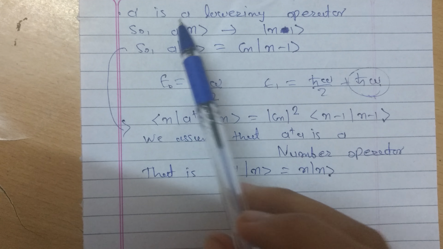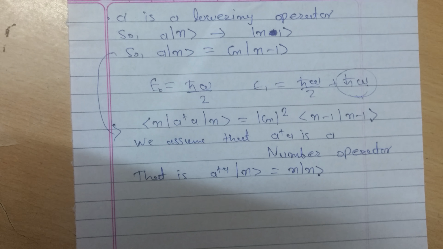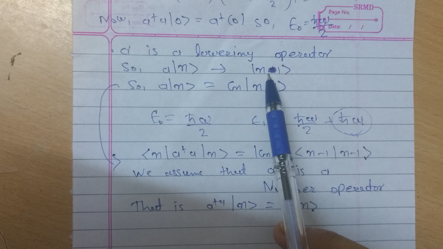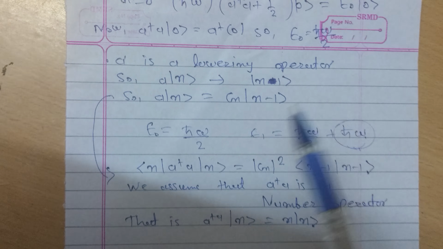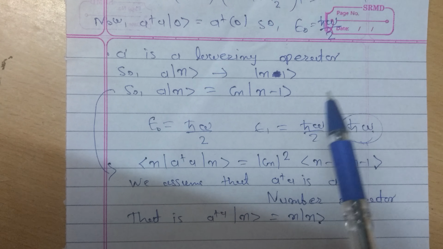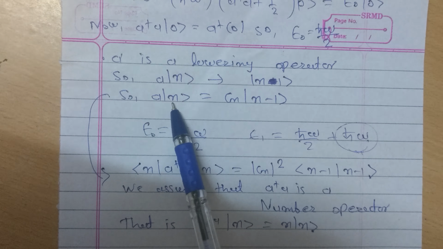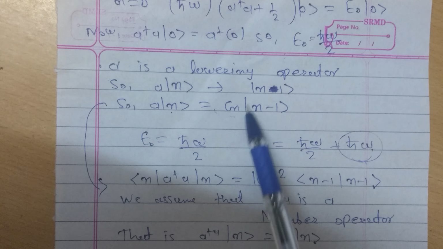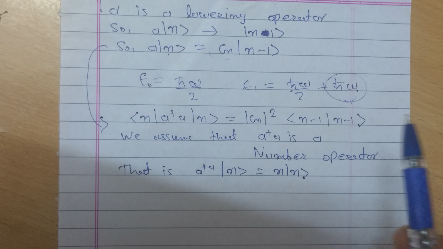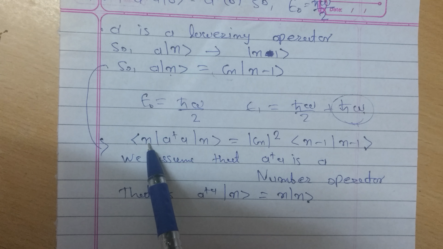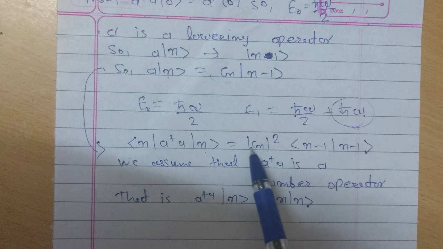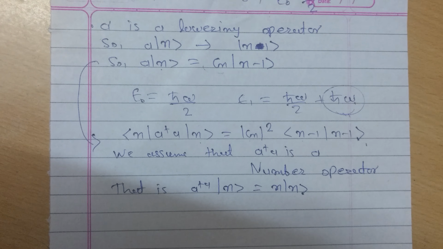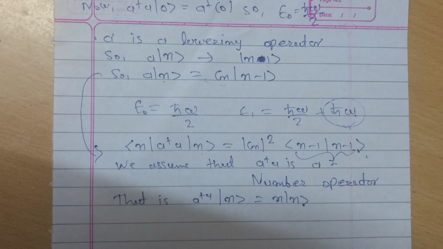We know that a is a lowering operator, so a acting on ket n will become ket n minus 1. Let's assume that we are going from the nth state to the (n−1)th state with some constant, let's say cn. So we know that bra n a† a acting on ket n is equal to cn square, and the value of this will be 1.